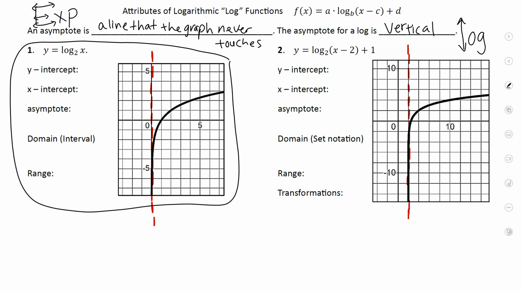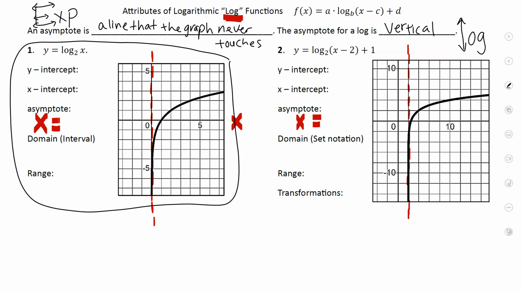I drew a vertical line. Guys, the asymptote that I just drew, what axis does it cross? Yes, it crossed the x-axis. So guys, for logs, your asymptote equation will be x equals. Everyone put x equals for the asymptote.